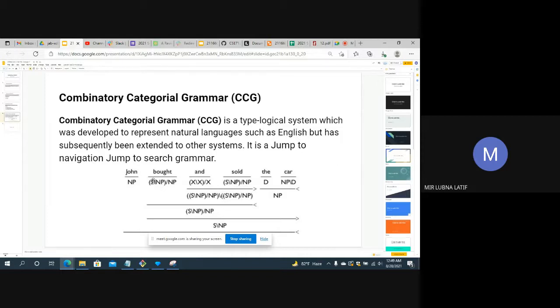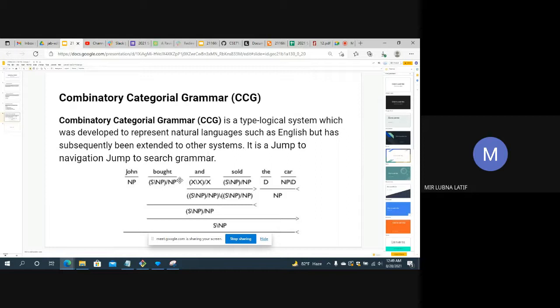Here you can see a noun phrase followed by the backward function, and here the forward function of the noun phrase. So here you can see the rules can be defined in two parts.